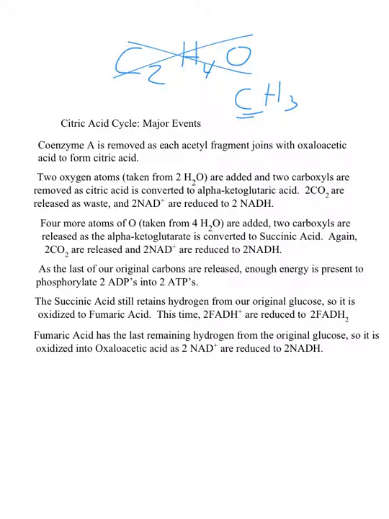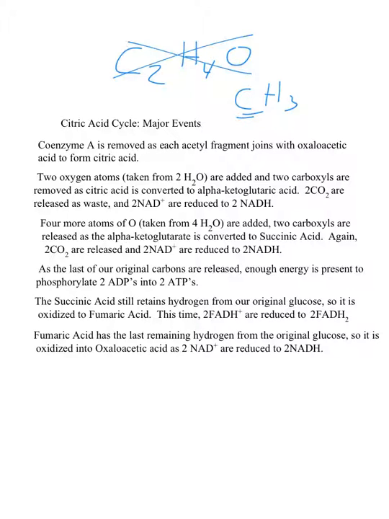The problem now, of course, is we still have some extra hydrogen left over. So succinic acid differs from our original oxaloacetic acid because it's still got a couple of extra hydrogens. So we're going to strip off one of those hydrogens from each of our fragments. And this time, FAD is going to be our reducing agent.